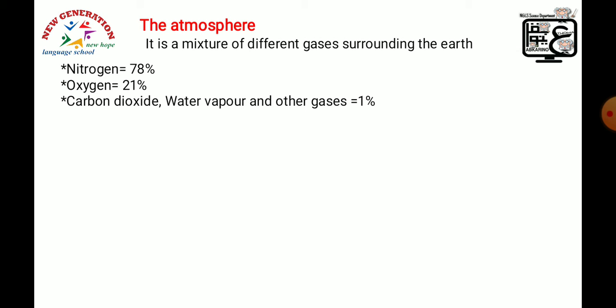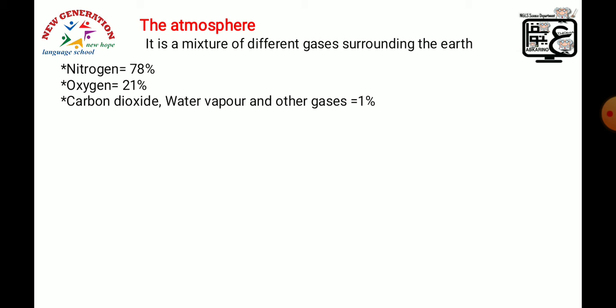Number 2, oxygen gas that represents 21%. And finally, carbon dioxide gas, water vapor, and other gases as argon, neon, helium, and others that represent 1%.